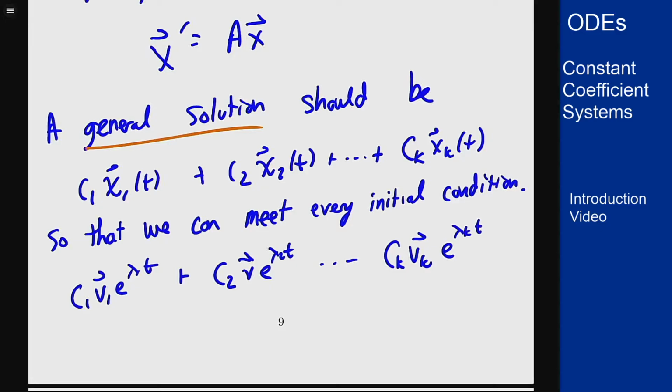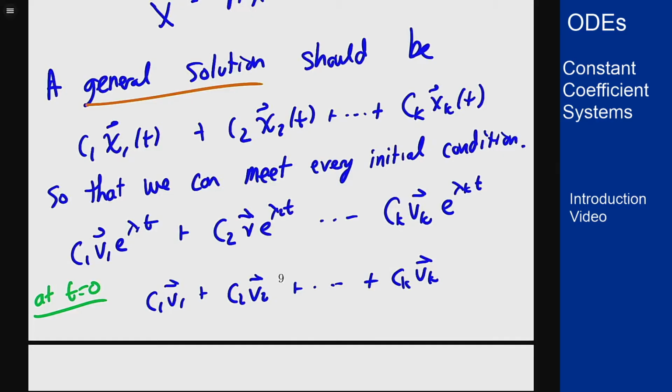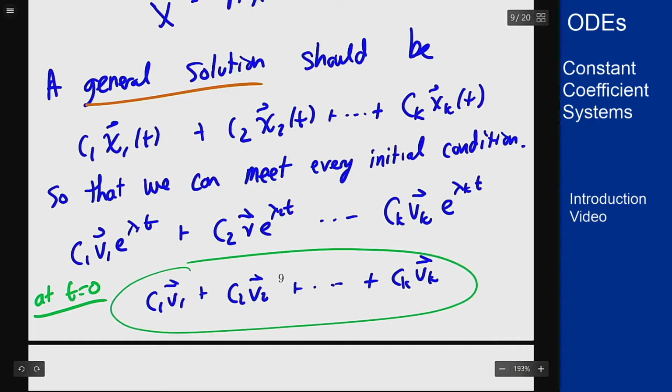We want to be able to meet these initial conditions at any value, but we can just look at t equals 0 to see what that illustrates. So at t equals 0, this becomes c1 times v1 plus c2 times v2, and so on up to ck times vk. And I want this to be able to meet every initial condition.